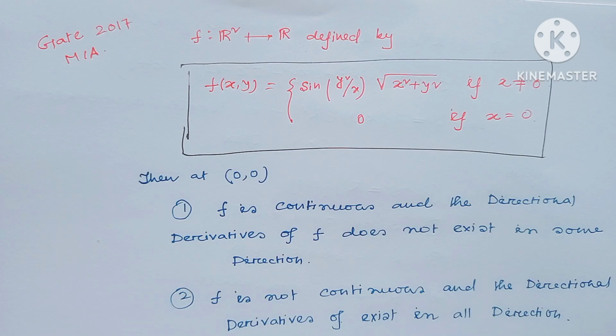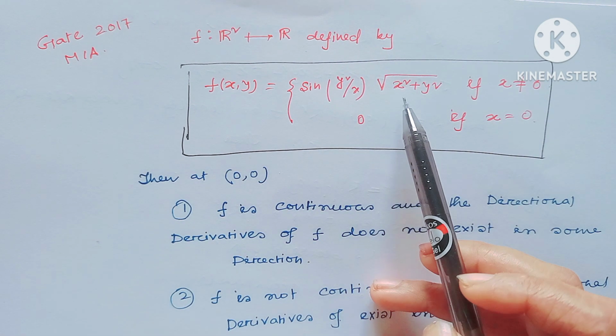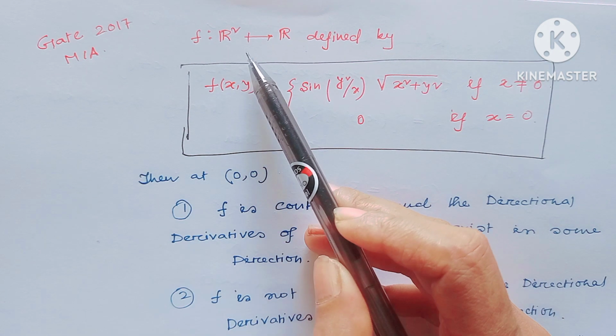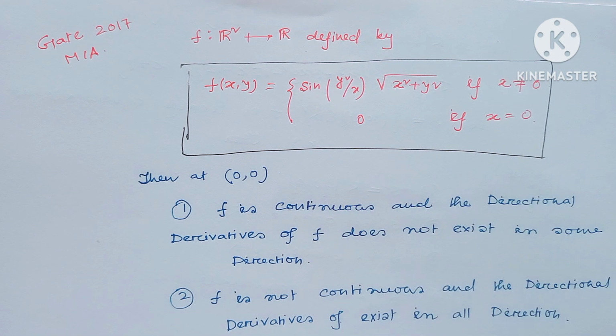Let's see the first question, which had come in the GATE 2017 MA exam. The question is: f defined from R2 to R by f of (x, y) equal to sin(y square) divided by x times square root of x square plus y square, if x not equal to 0. That means when x is not equal to 0, the value of the function is this; and when x equal to 0, the value of the function is 0.